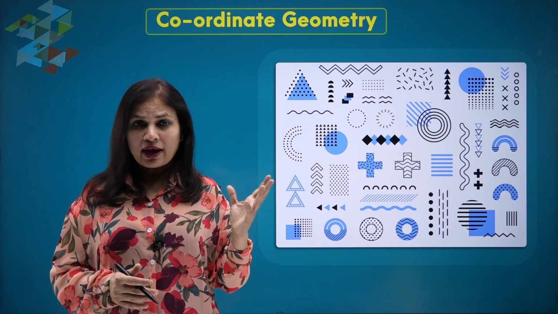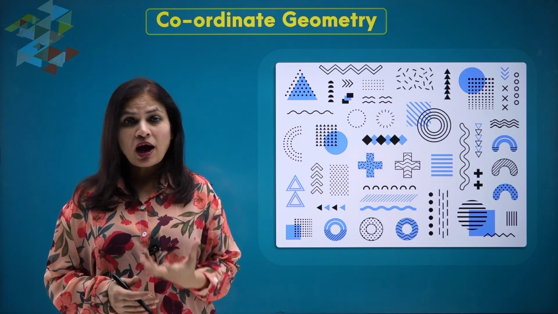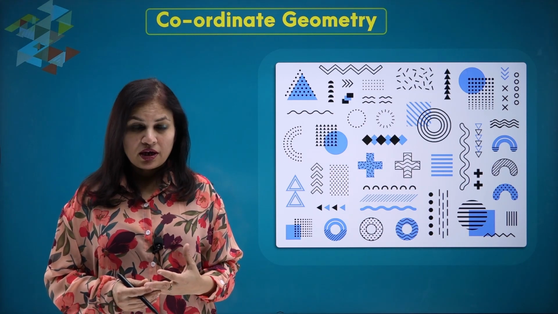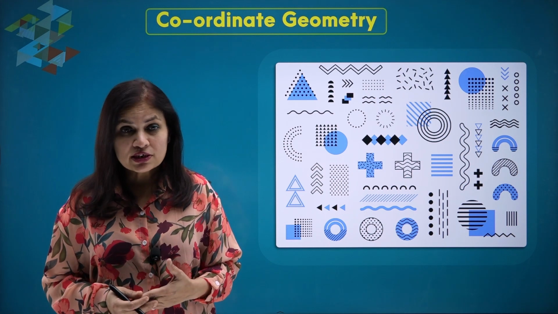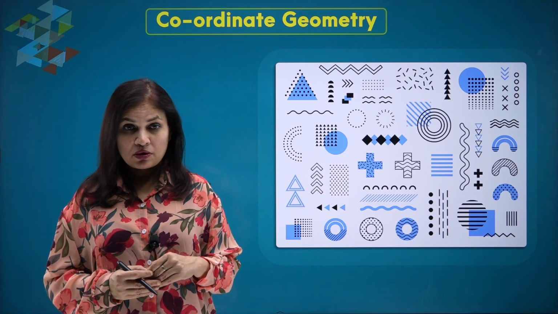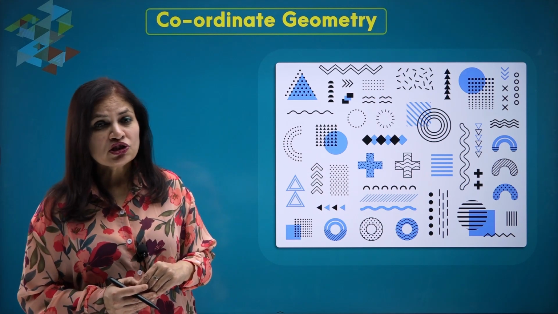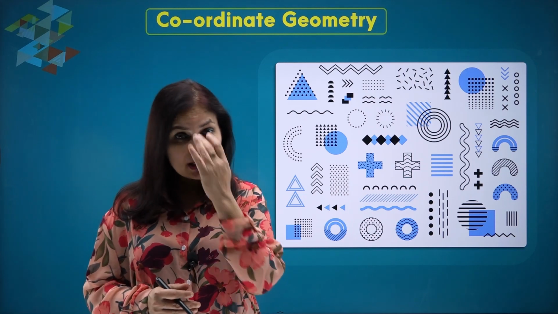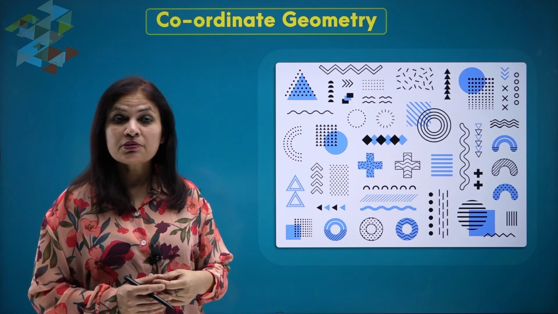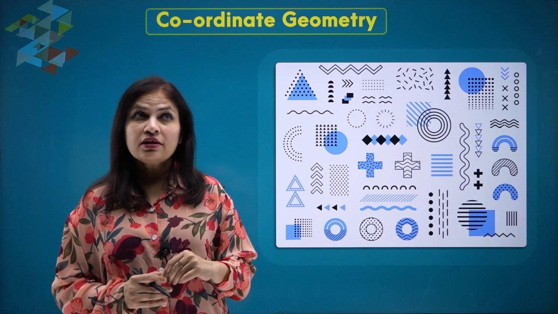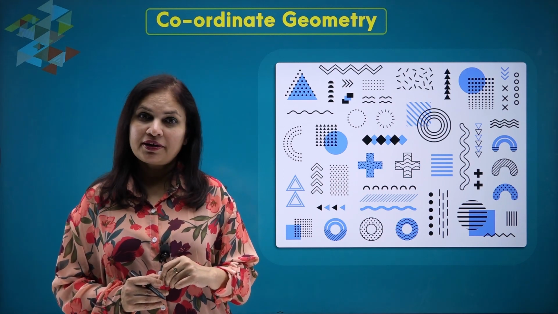Now let us go back. How was the idea evolved? How did coordinate geometry come into existence? A French mathematician of the 17th century, while lying on his bed, was observing stars in the sky.